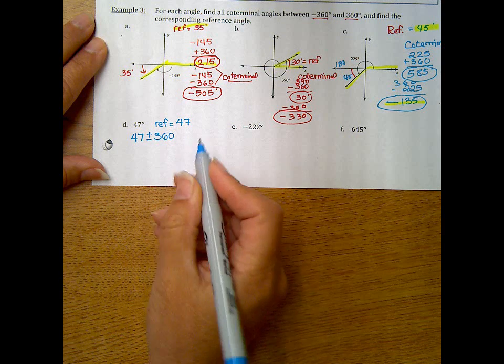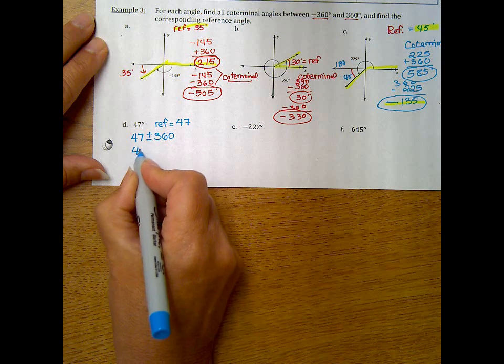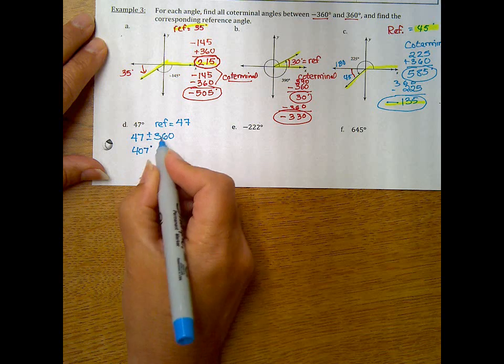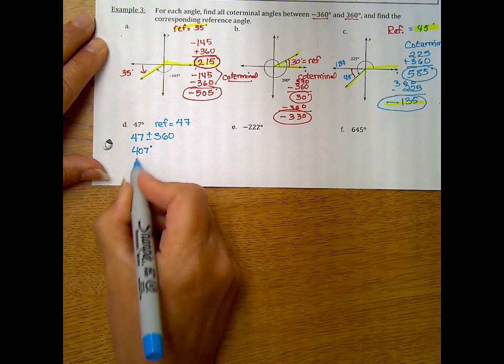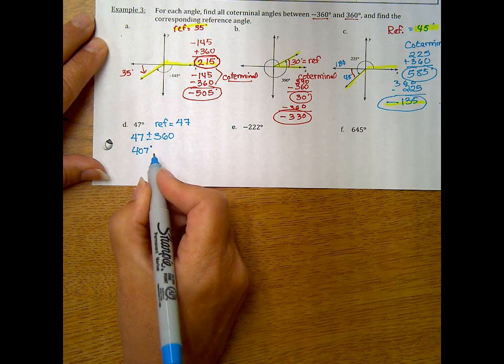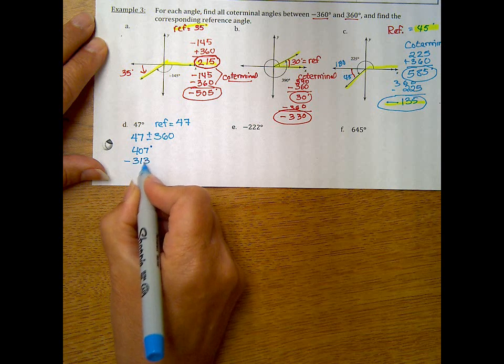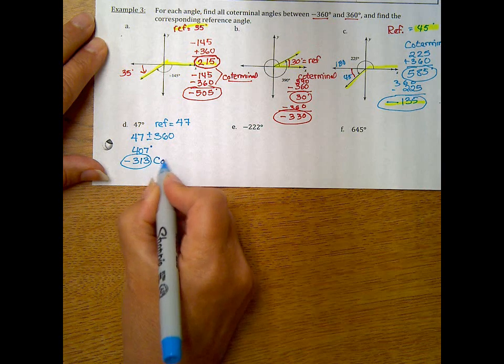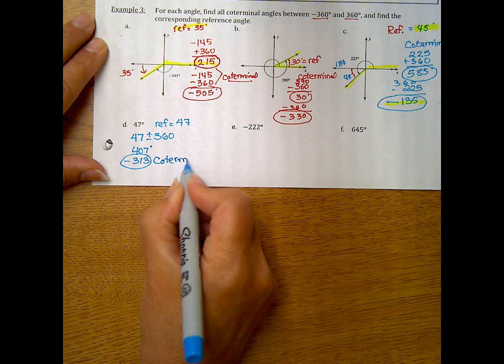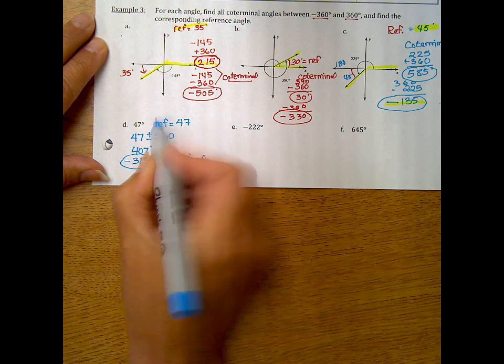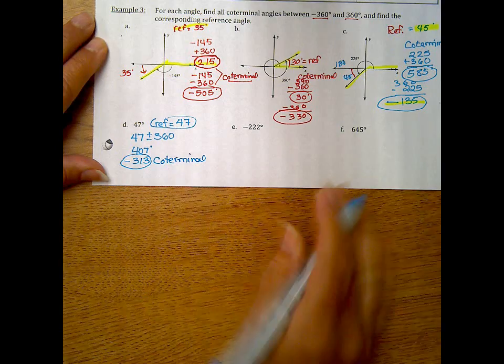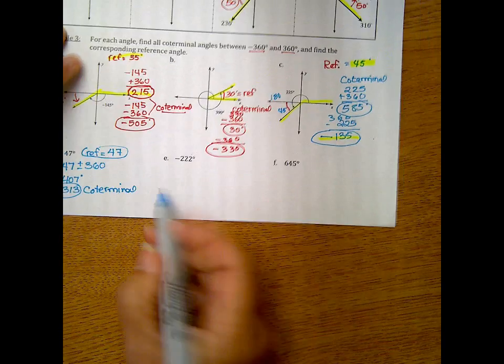If I add 360 degrees, I get 407 degrees, which is, of course, more than 360. But if I subtract 360, I get negative 313 degrees. So that's my coterminal angle. They're both coterminal, but this is the only one that's between 360 and negative 360.